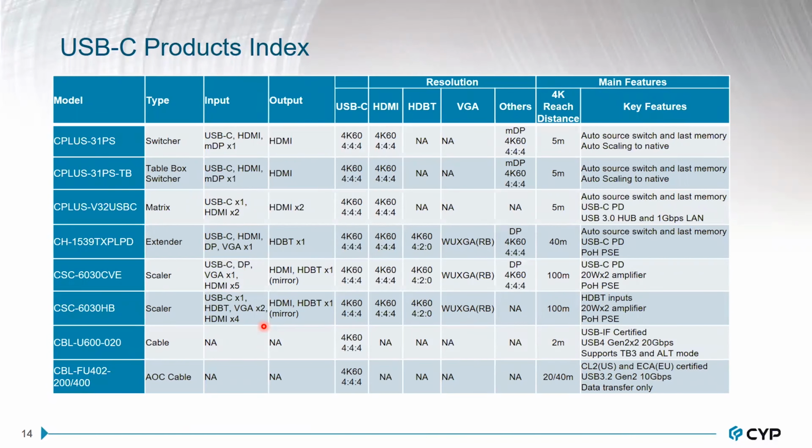Here is the index table of all USB-C products. They all support 4K 60 4:4:4 resolution. CX-V1PS, CX-V1PS-TB, and CX-V32 USB-C are suitable for small spaces, including the residential field.